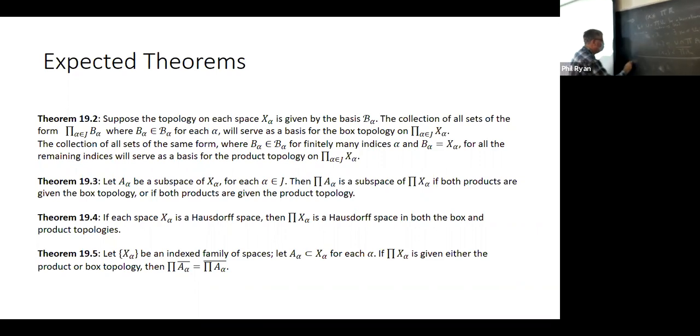What about the other direction? Let's say we're given an element of the closure of that product. And so let V beta be an open set of X beta containing the element x beta.